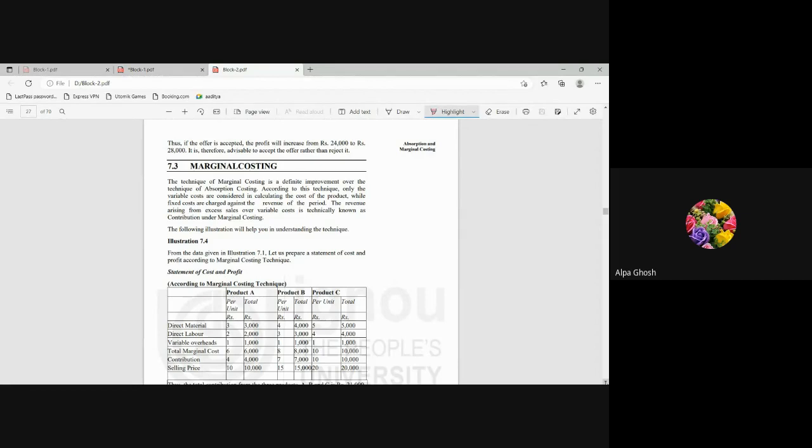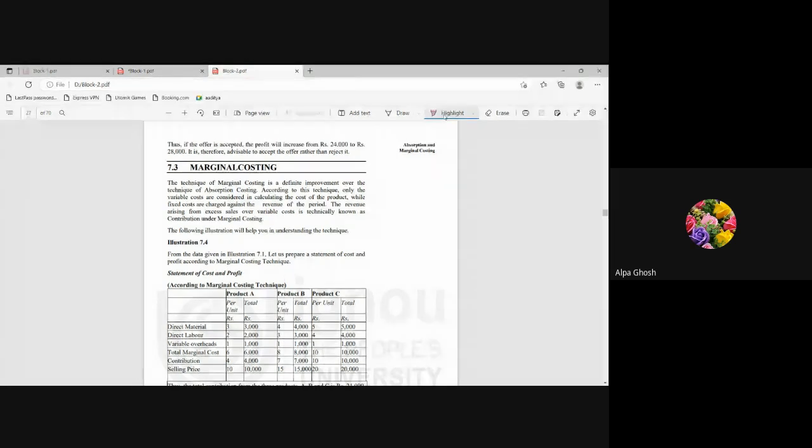The next one is marginal costing. So what is absorption costing? Absorption costing is the total of fixed cost plus variable cost.